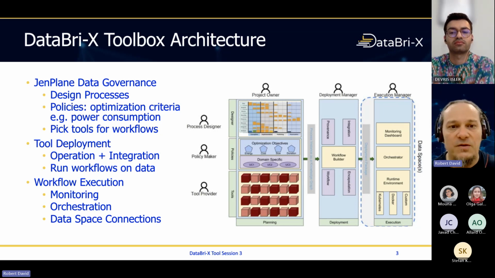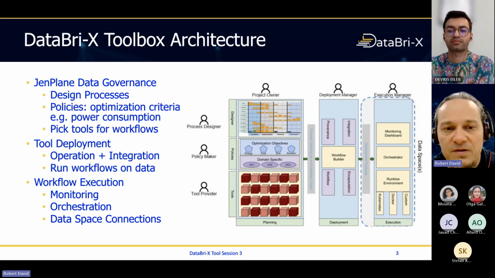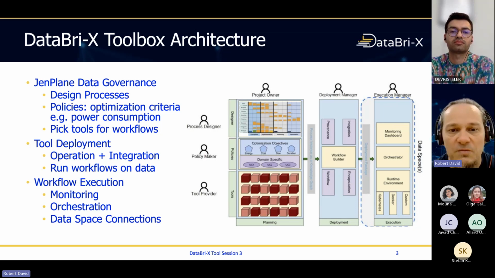Champlain puts together different tools for different purposes to create these workflows. And then with the DataBri-X toolbox, we can deploy these workflows and put them into operation and execute them using a Kubernetes-based platform called Argo, and also provide monitoring, orchestration, and the connection to the data spaces there while executing the workflows.